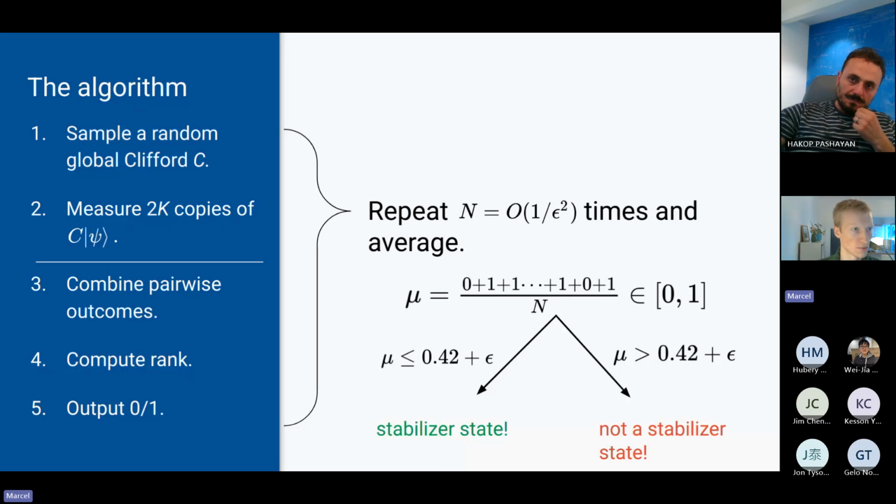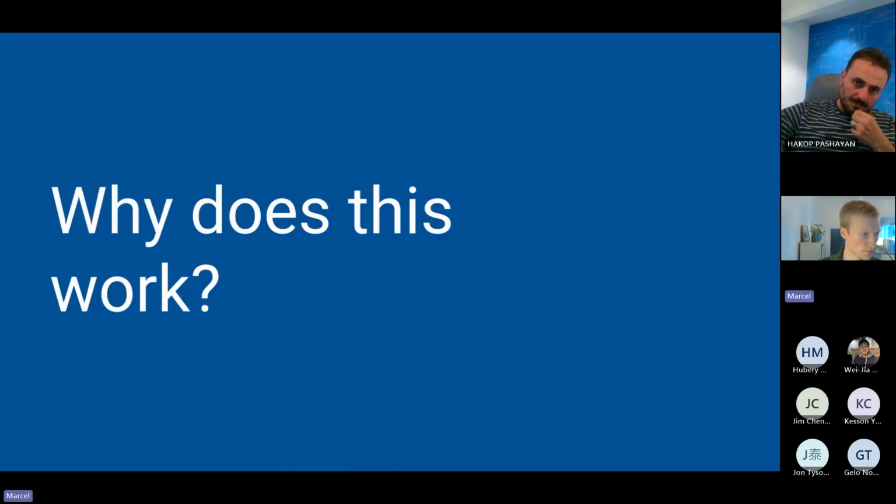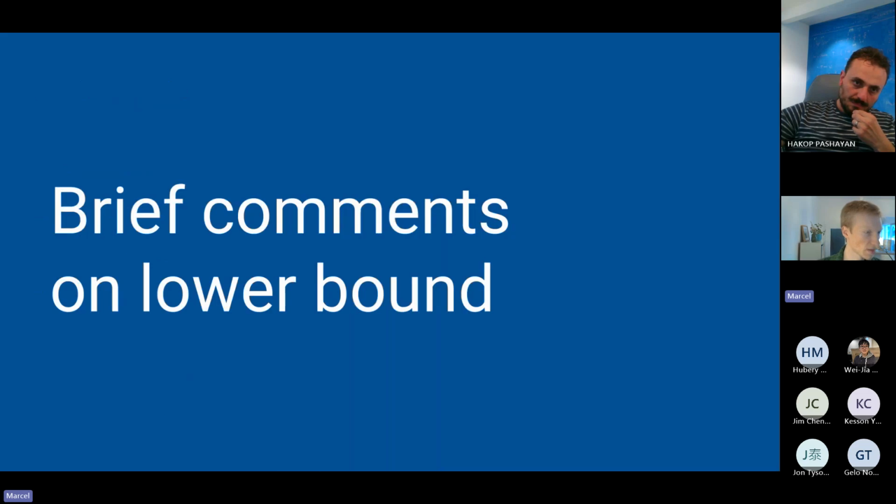Okay, cool. So the last thing that I want to do is quickly comment on the lower bound now, and give you a feel for what technical tools you need to show such a bound.